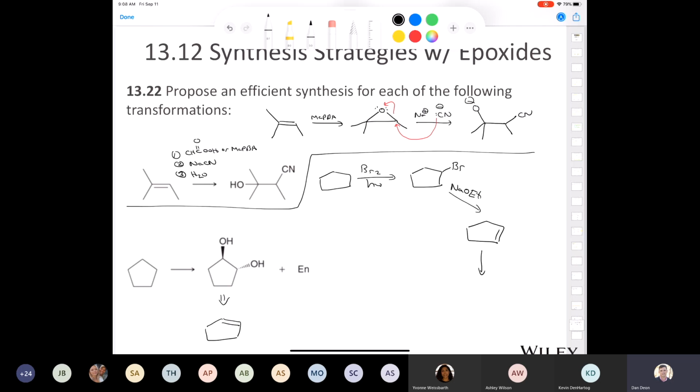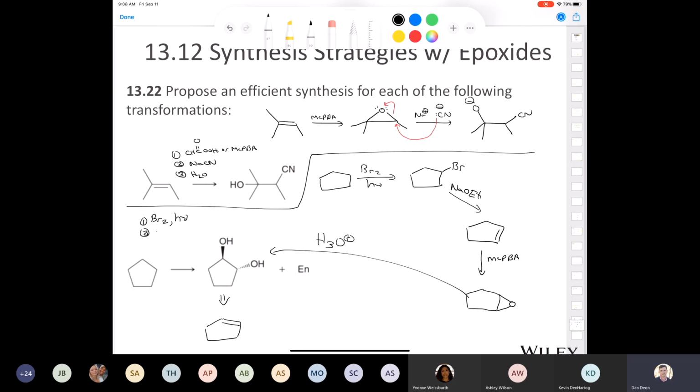Next step is to treat it with MCPBA or peroxyacetic acid. Either one works. Just writing out MCPBA is easier. We end up with our epoxide like that. Then to make this product, we just crack it open with acid. So overall, the first step is bromine and light.